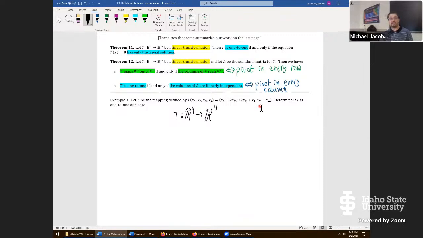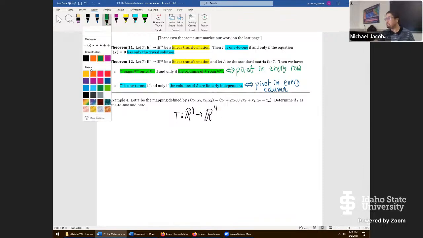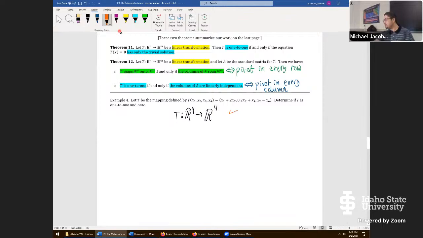These transformations are extremely special because observe for this transformation, your standard matrix is square. If there's a pivot in every row, there's also a pivot in every column. So for square matrices or transformations that go from one space into the same space, sometimes these are given a unique name: linear operator, because its domain space and codomain space are the same.